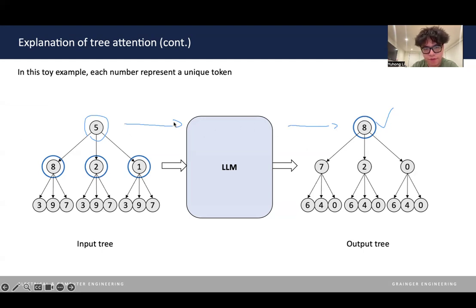And we'll try to find if there's any 8 in the Medusa head prediction. Okay, we found one. We found 8 here, right? So then we see the 8. We go to the LM, the output is 7. So we will continue to find if there's any 7 in the 8's children. Okay, we found a 7 in the 8's children.